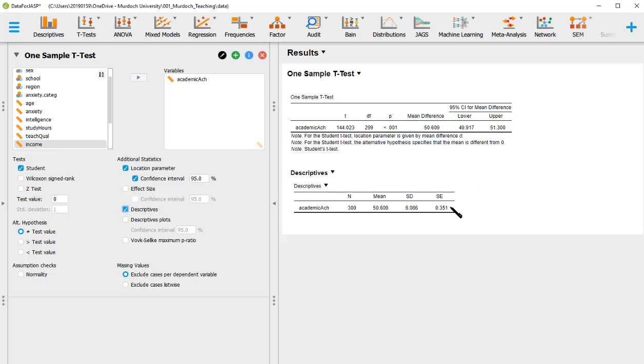But if you want to check, you can do 0.351 times 1.96, and then the mean minus that value is the lower bound of the confidence interval, and the mean plus that value is the upper bound.